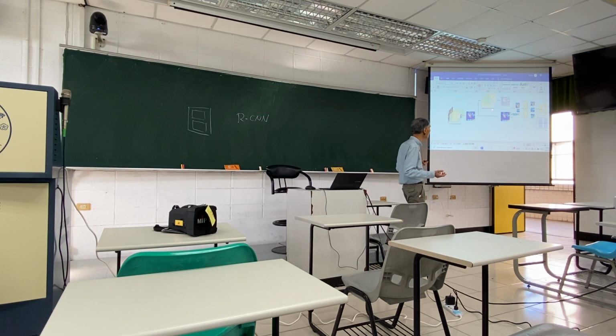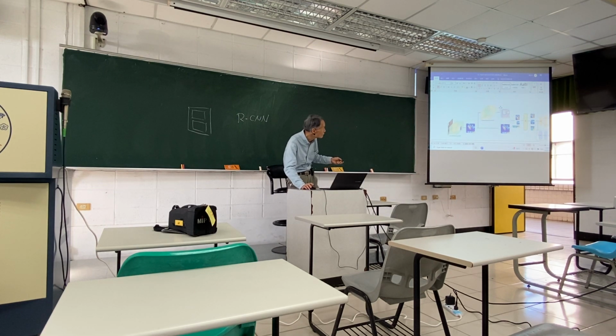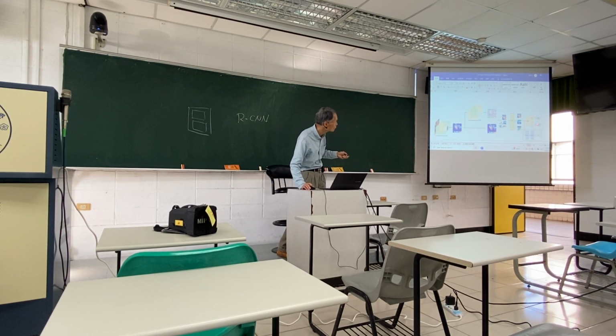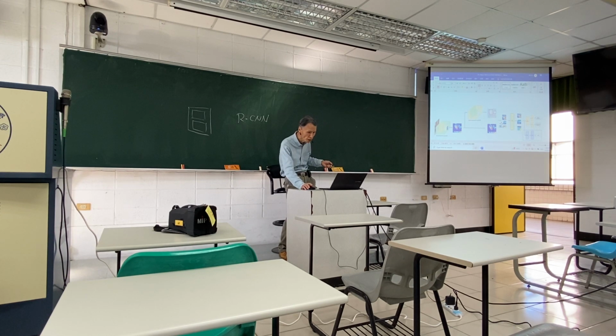We still require the region proposal network, then find possible anchors. Then based on the features, one branch is for classification, one for regression, just like any R-CNN-based model.